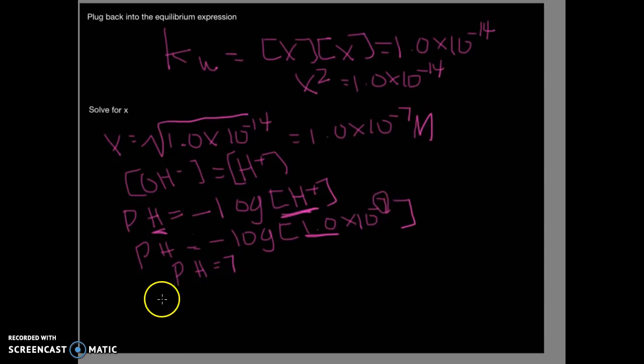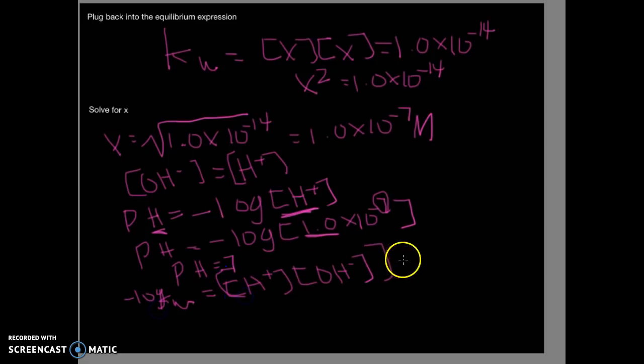Well, let's go back to this equation. Kw equals H plus, or H3O plus, and OH minus. Alright? I'm going to take the opposite the log of both sides. Opposite the log of that side, opposite the log of this side.